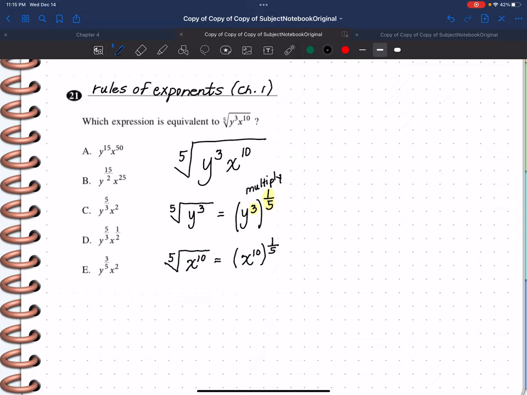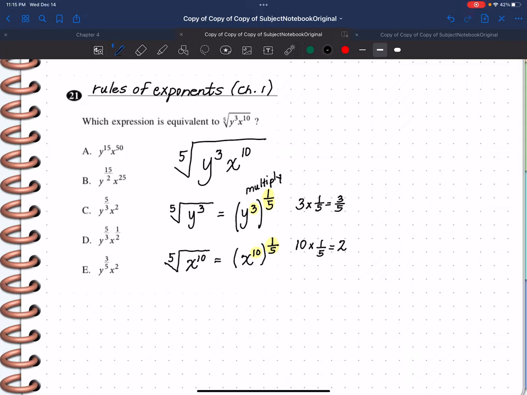You're going to multiply 3 times 1/5, and of course, that's going to give you 3/5. Same thing here. You're going to multiply 10 times 1/5. And this time, you're going to get a 2.